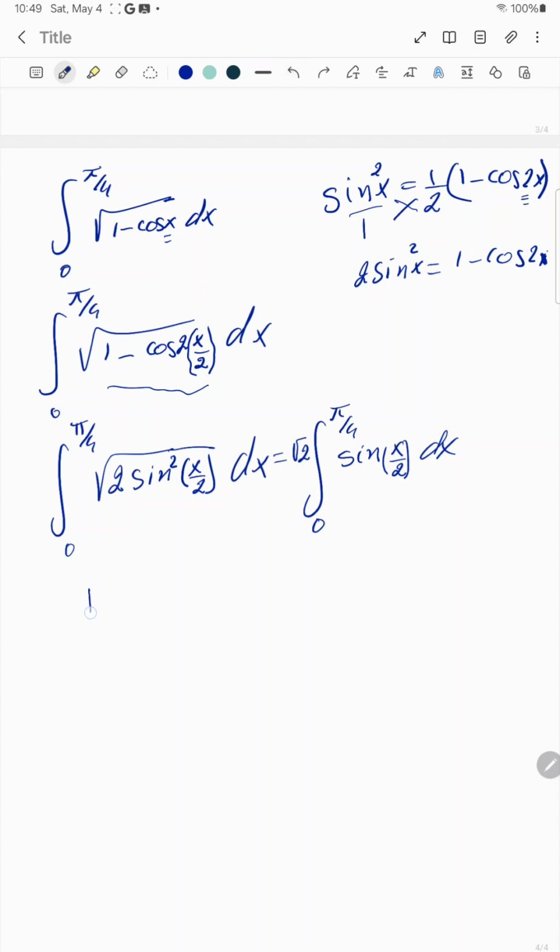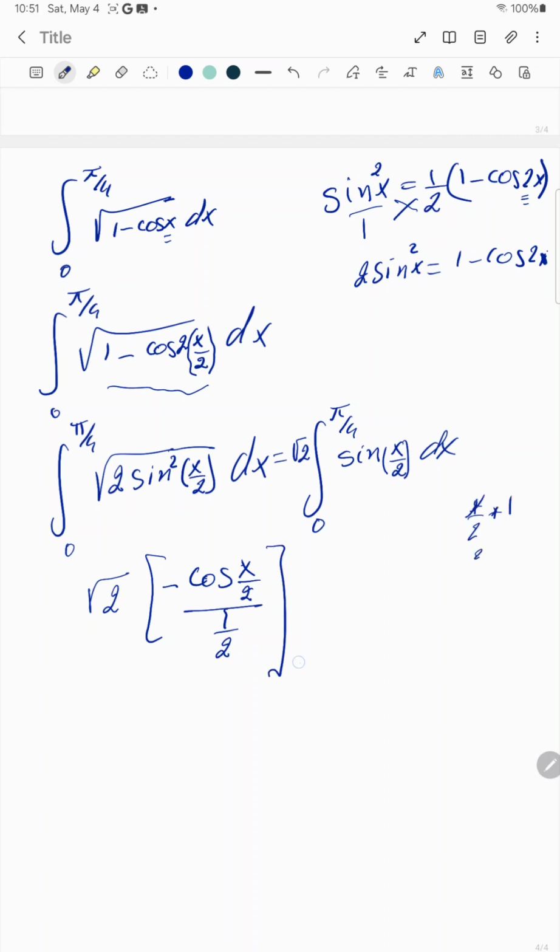So I will keep square root of 2 and it becomes minus cosine x over 2, divided by the derivative of x over 2, which is 1/2. And this will be between 0 and pi over 4.